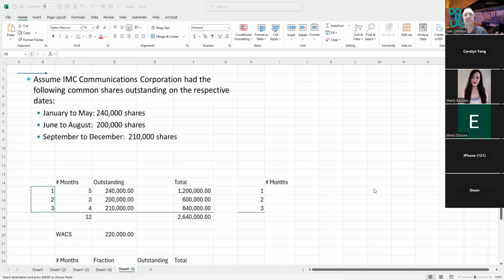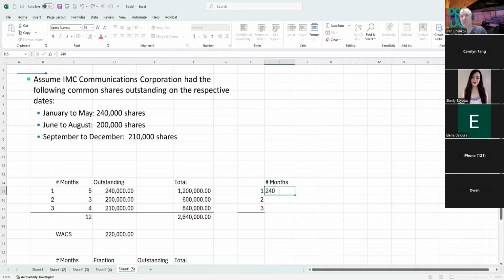First, definitely the first way is easy. But sometimes the question doesn't give you the total number. The question tells you that in the beginning there were 240,000 shares. Then in June, they purchased back 40,000. And in September, they issued another 10,000. What's the weighted average number of shares? So what you can do in this case is, you know that 240,000 are outstanding.